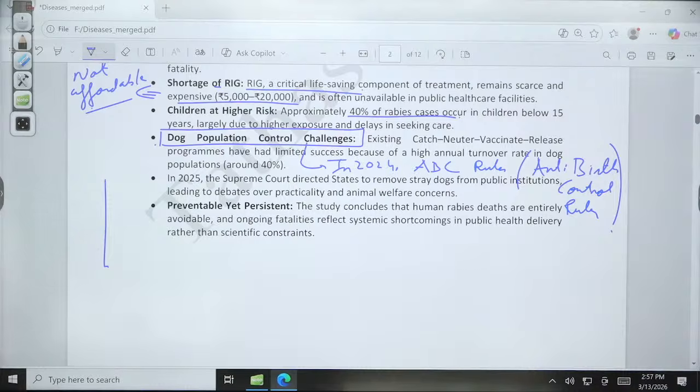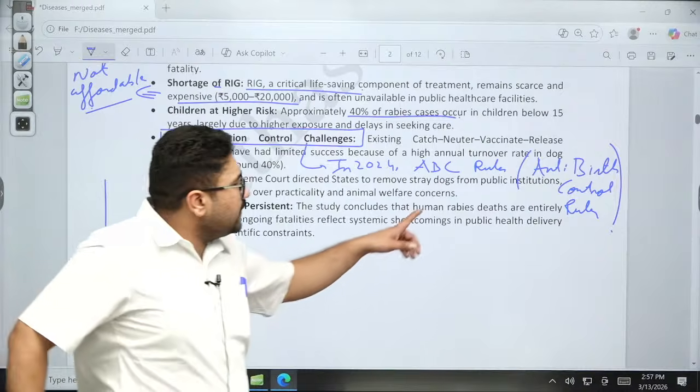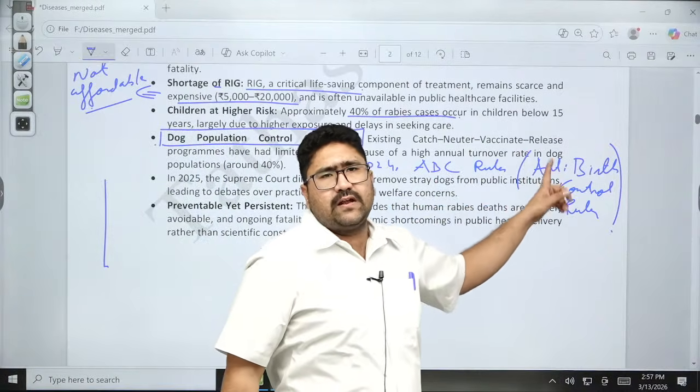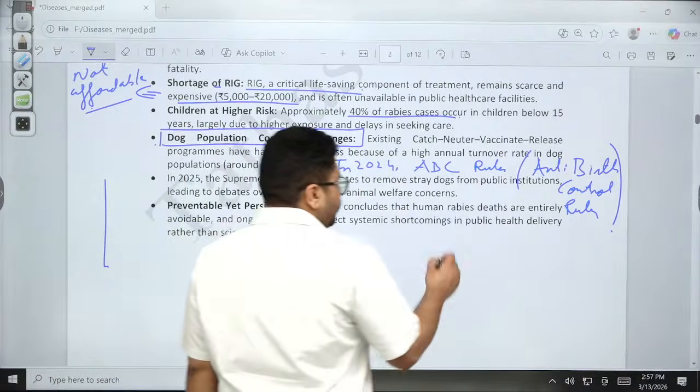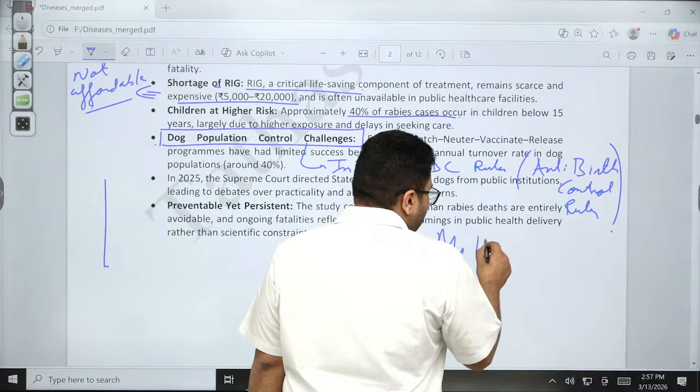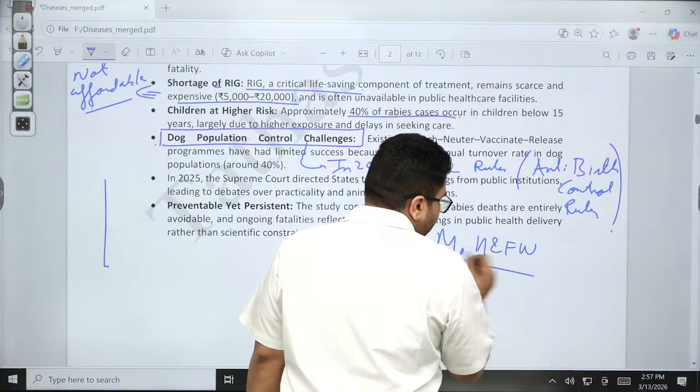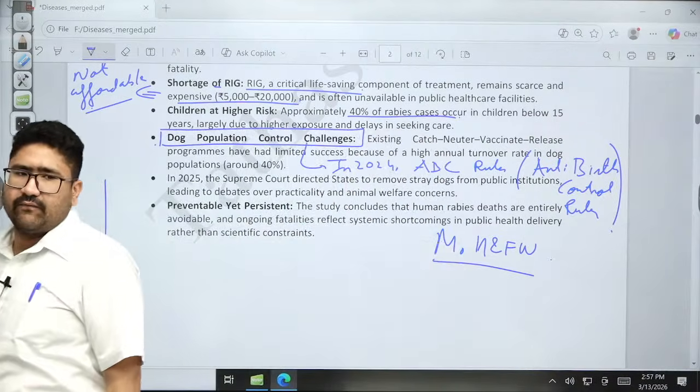Therefore, that is one of the ways to control the population of stray dogs. So that is under the anti-birth control rules published in 2024 by the Ministry of Health and Family Welfare.